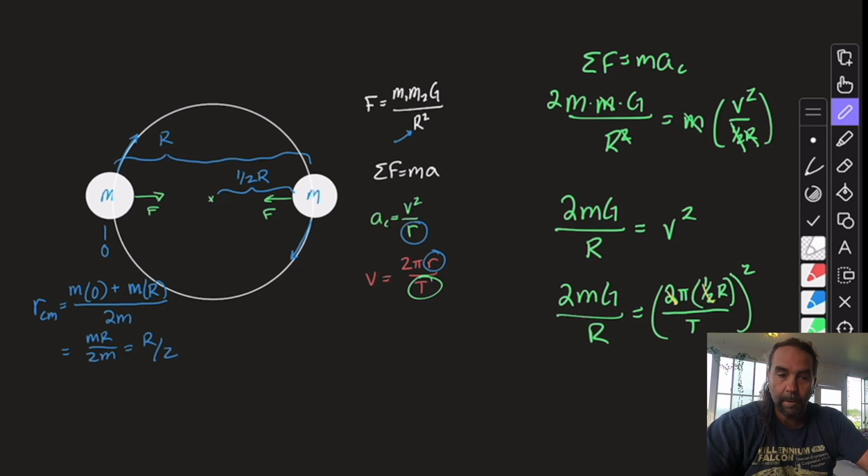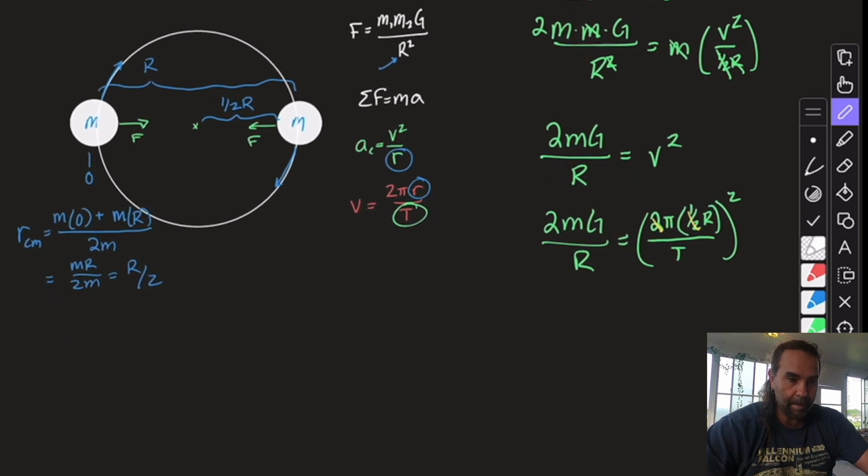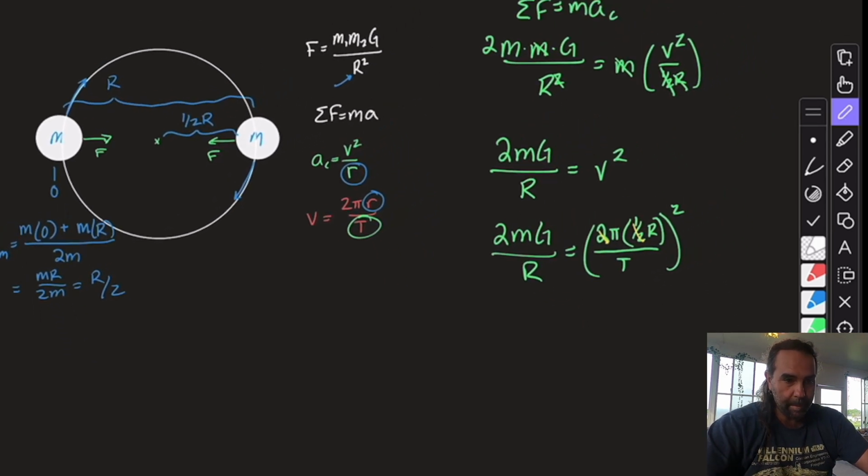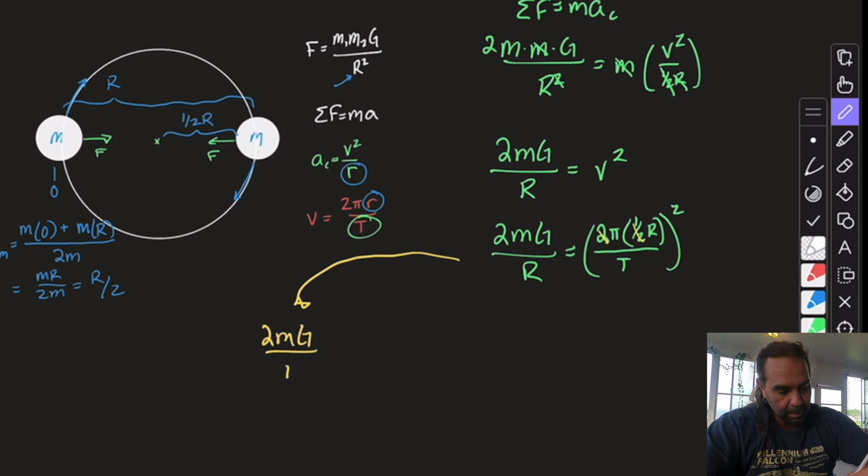The 2 and the 1/2 go away. No big deal. I'm going to have to square it to do anything else, and I am running out of room, so let's bring all this up a little bit. There we go. Give me a little bit of room. We'll work right there. So 2mG over r equals pi squared r squared over T squared.